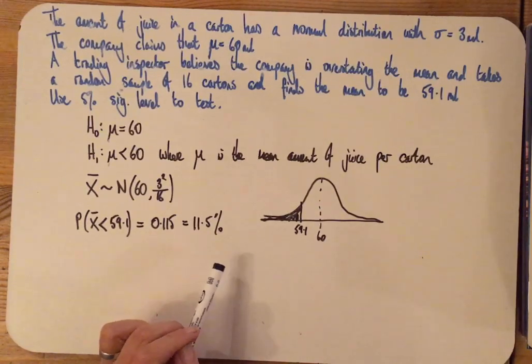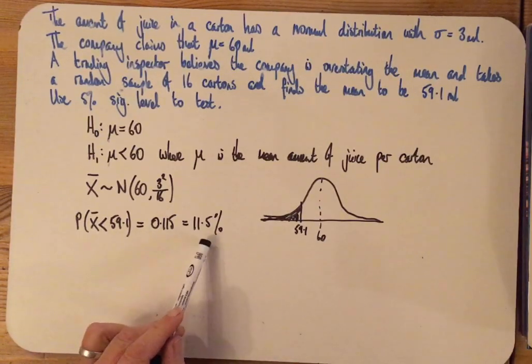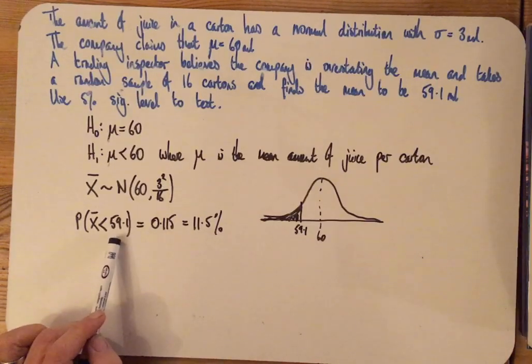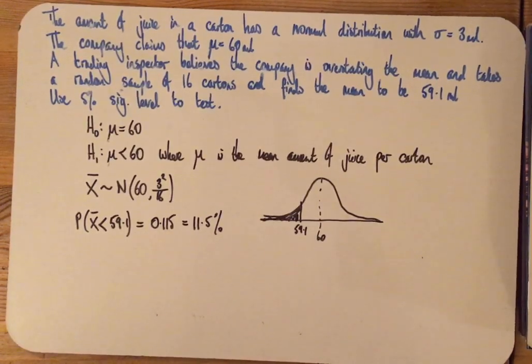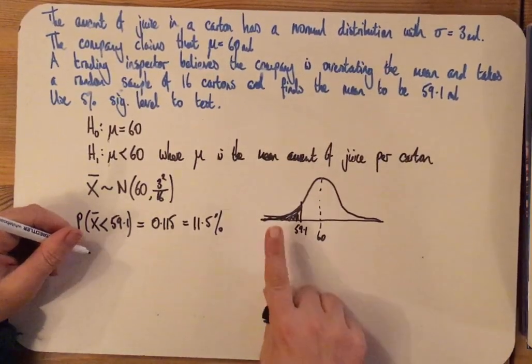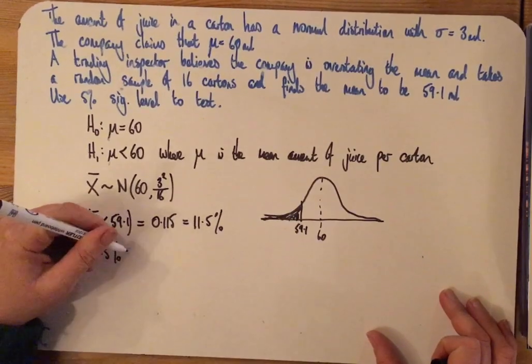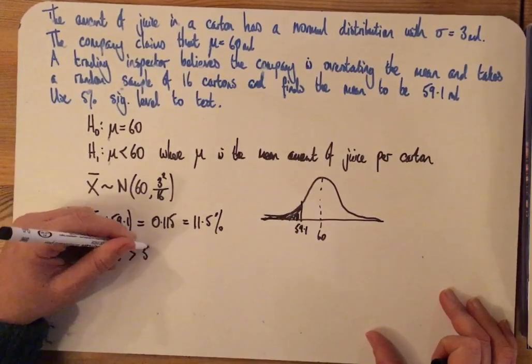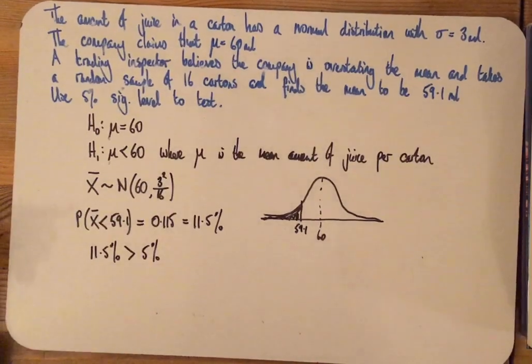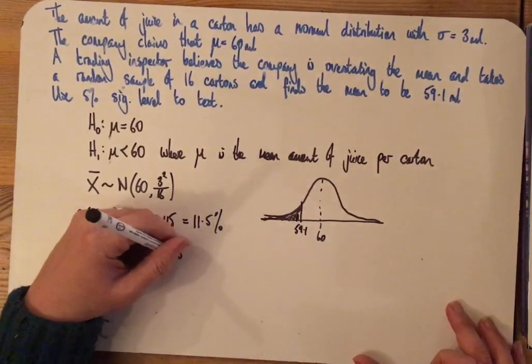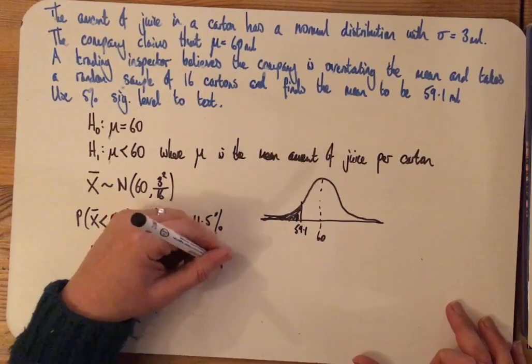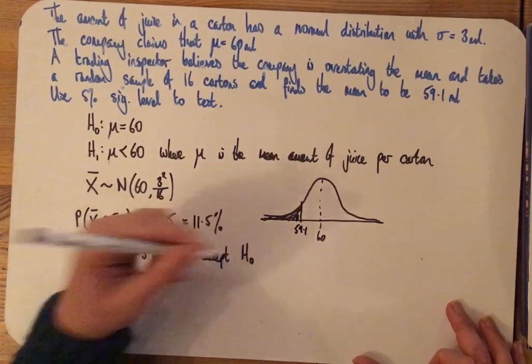And so for this one, you accept the null, because you actually have quite a high probability here of getting a mean as low as 59.1. Let's say that the right way around, I think I did. So the probability of being in this tail is quite high. 11.5%, it's more likely than this significance level of 5%. So accept the null.